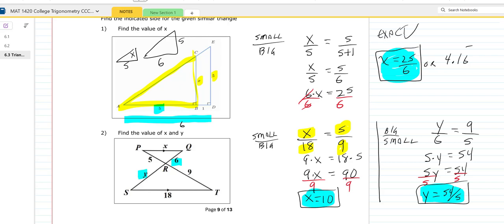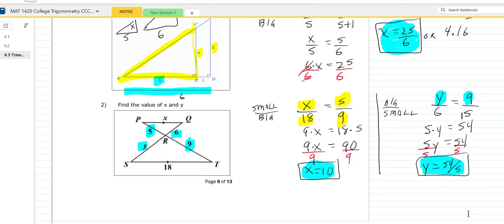And then I just did this. I did the 9 would correspond to the 5. So I'm using the y and 9 in the big triangle, comparing that to the corresponding sides in the small triangle. Cross multiply, get 5y equals 54. Divide by 5, and then you just want to leave the answer as 54 over 5 like that. Okay? And that's how that goes.